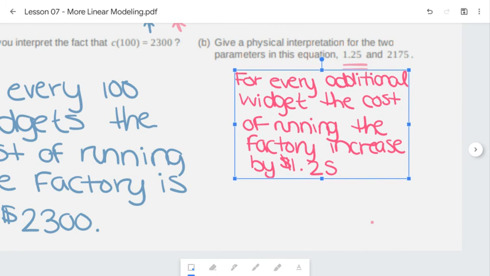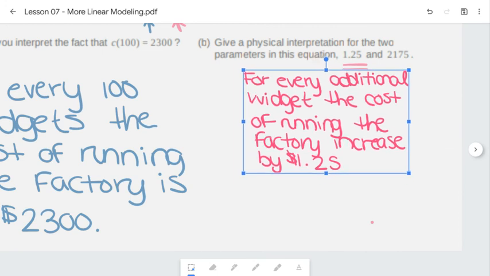So for every additional widget, the cost of running the factory increases by $1.25.